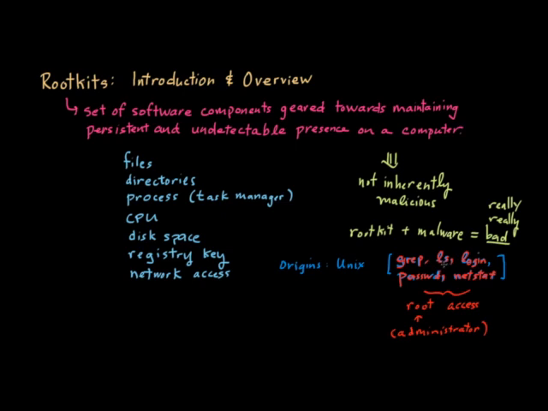Now, that's the original version of a rootkit. Nowadays rootkits are much more broad. They tend to apply more to Windows, at least in the malware space, and they really are around more general purpose and more sophisticated techniques that a piece of software can use to maintain its presence on a machine and to really hinder somebody from being able to detect that presence on the machine.